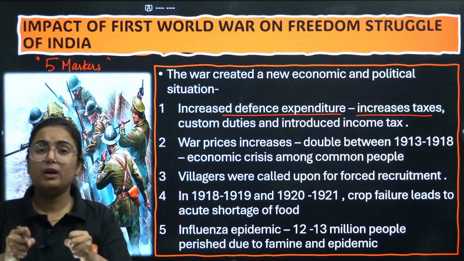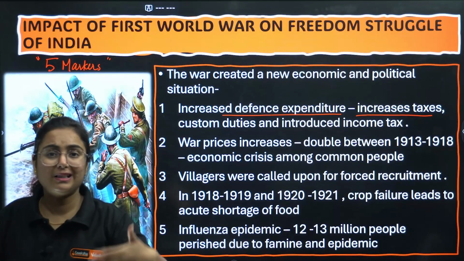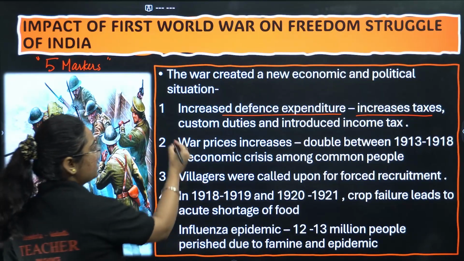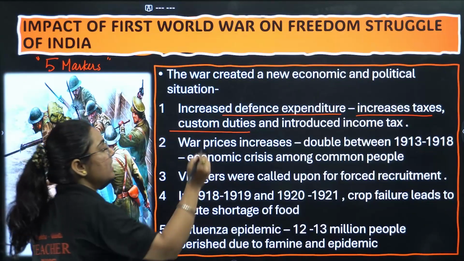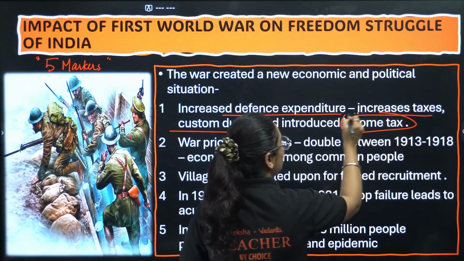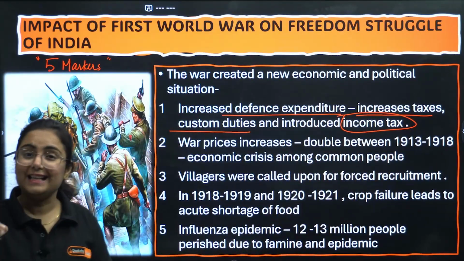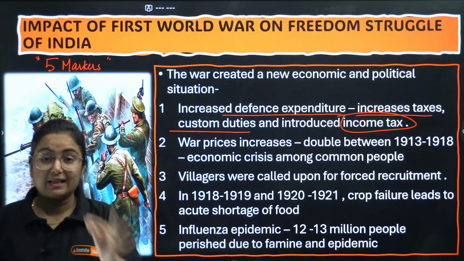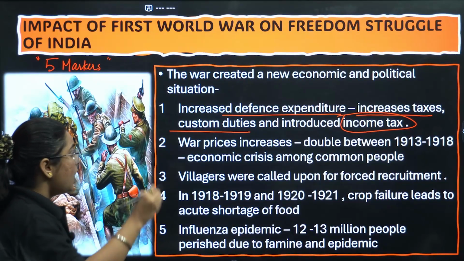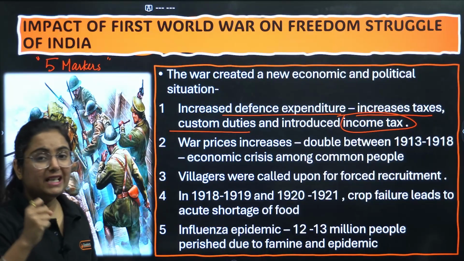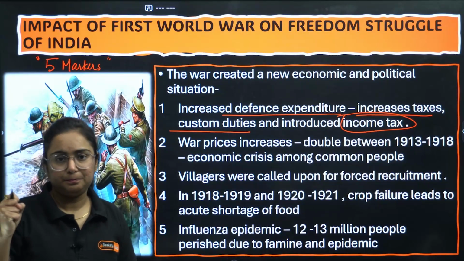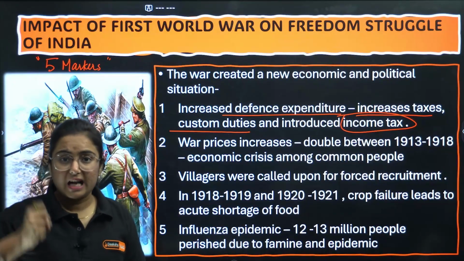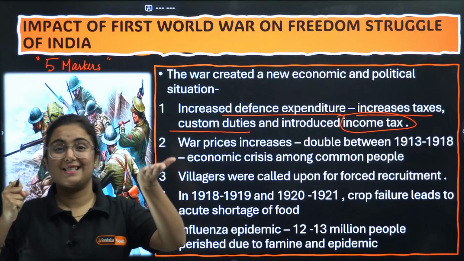As they needed to repay those loans, they increased taxes, increased custom duties, and even introduced a new type of tax, that is income tax in India. During that time, when money is taken from an economy and there is a reduction in money, the prices increase.